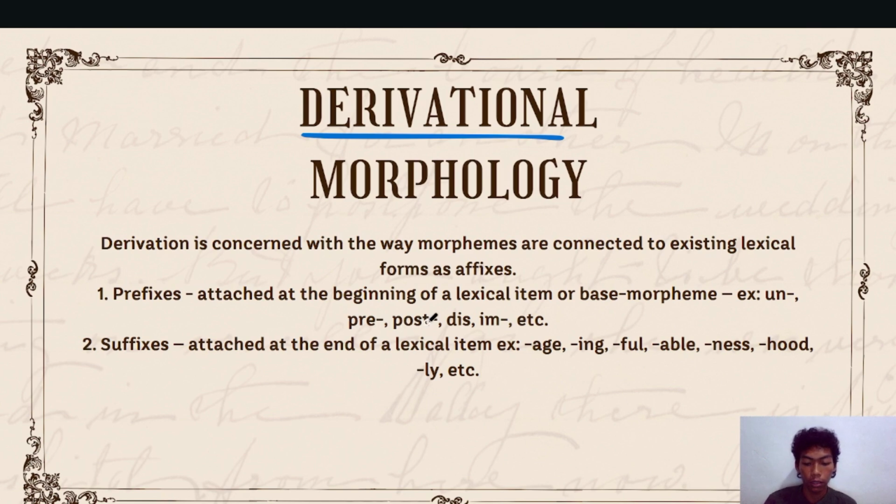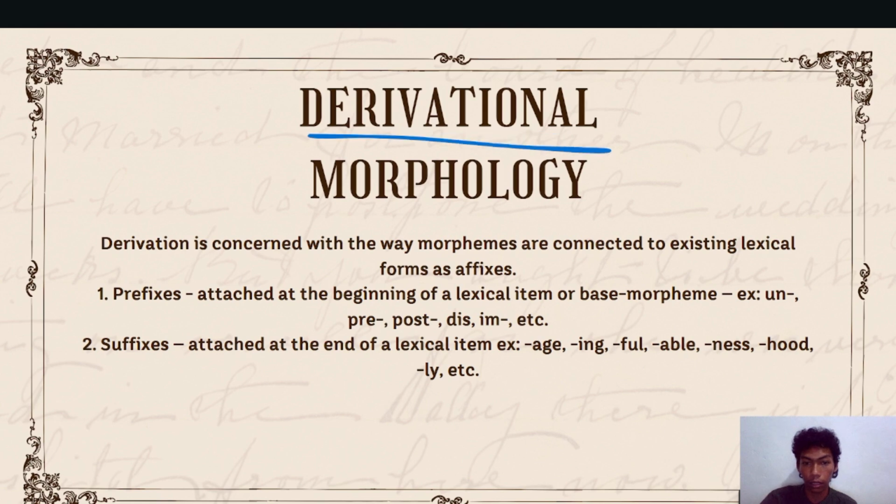So it's not just adding stuff, the stuff being a prefix or suffix. It's saying how the word functions or what it means. It changes the class of the word and the meaning of the word.